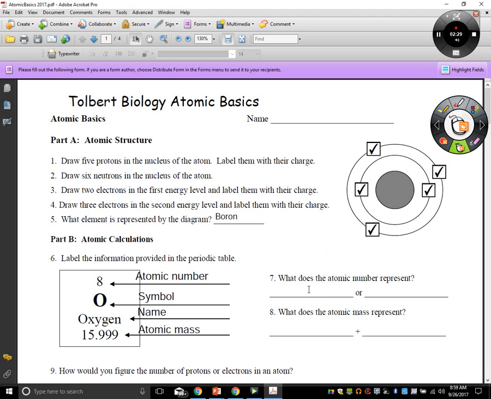The atomic number represents the number of protons. It also represents, for a balanced one, the number of electrons. The atomic mass is the combination of protons and neutrons.